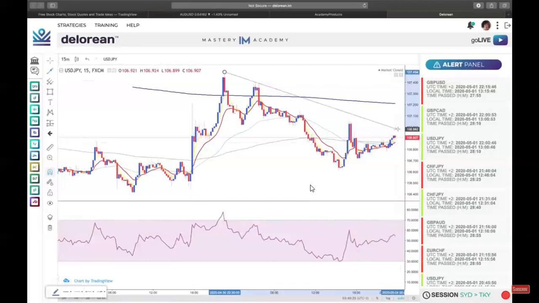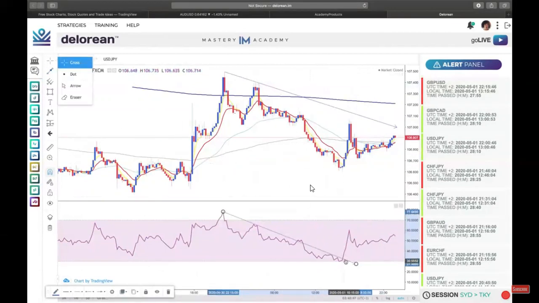I take into account all wicks, which in this example is right here. That's the wick right there. Okay, so granted, we've stayed below this trend line, and when we draw the same trend line on the bottom here, notice that we actually broke out of it right in here.